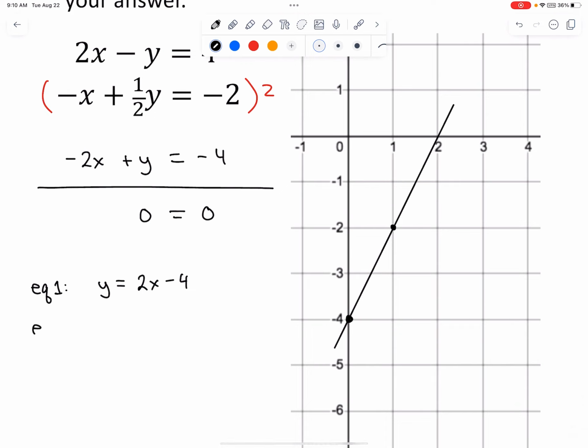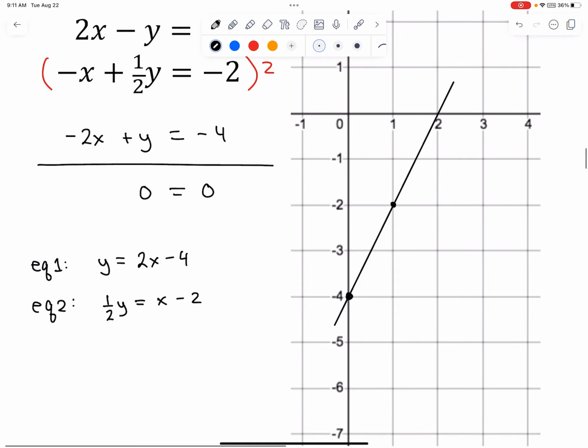But if you take equation 2 and solve it for y, I'll go ahead and do the original version of equation 2. So I'm going to leave the 1/2 y on the left side of the equation. Looking at equation 2, the original version, you have 1/2 y equals, I'm going to add x to the other side, so we have x minus 2. And then to get y isolated, I'm going to double both sides. So y equals 2x minus 4. And this is a dead giveaway.